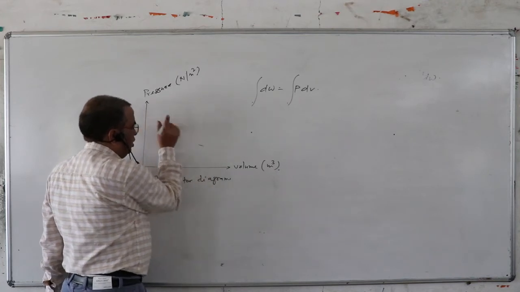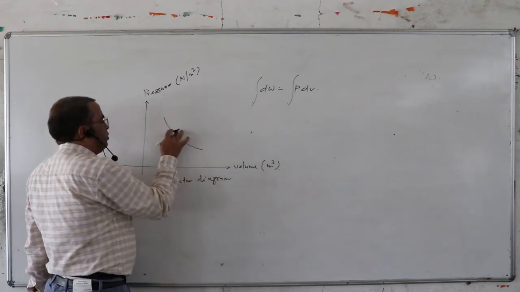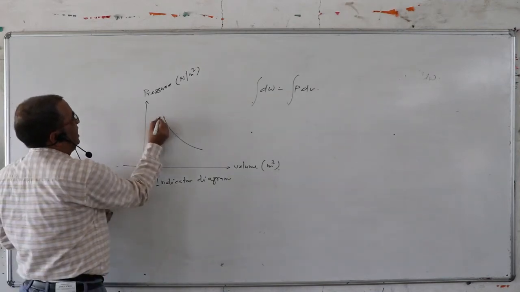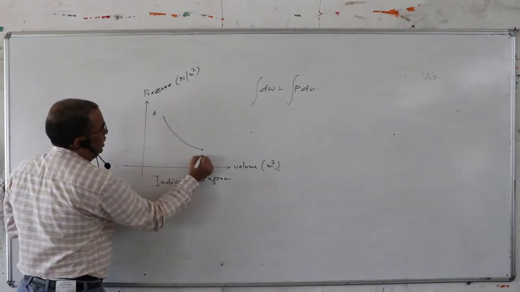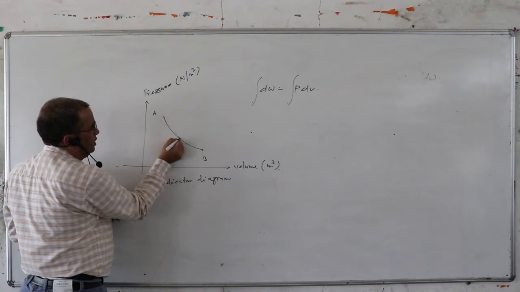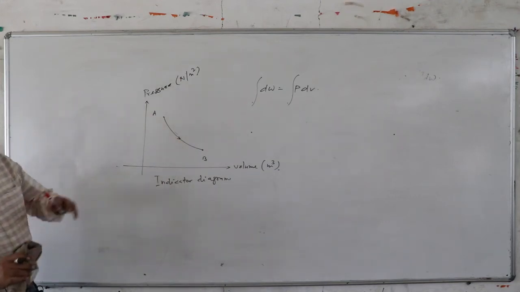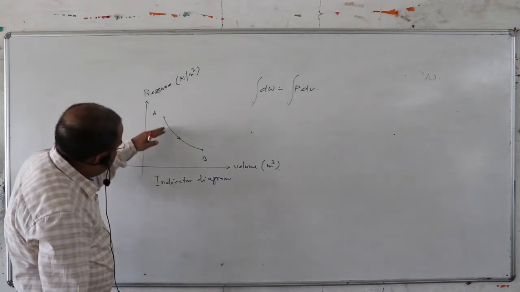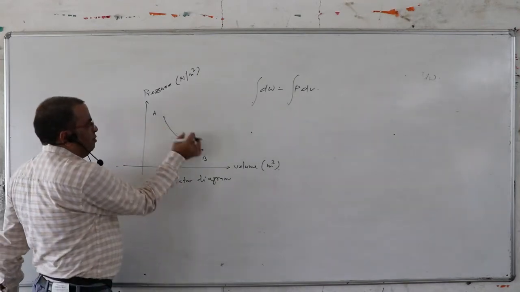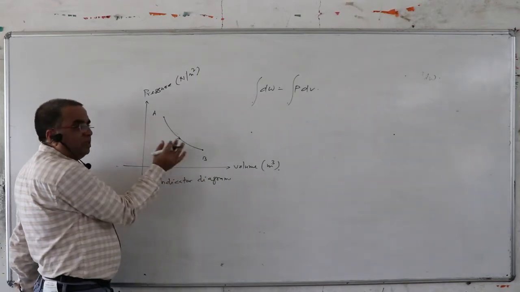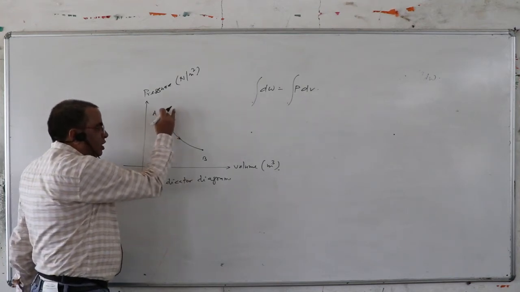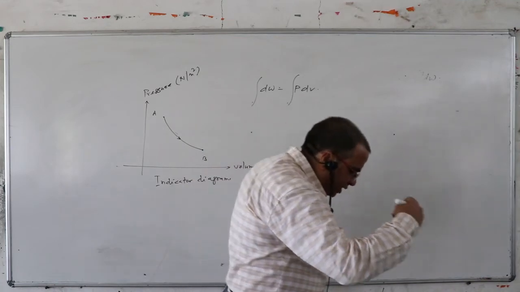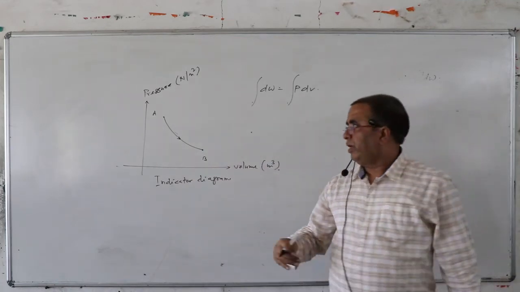A process is taken from one state A to another state B. This is represented by an arrow. The arrow gives you the direction of the thermodynamic process. The points A and B represent thermodynamic states, and the arrow on the graph gives you the direction of the process.